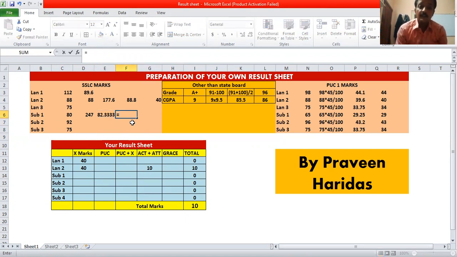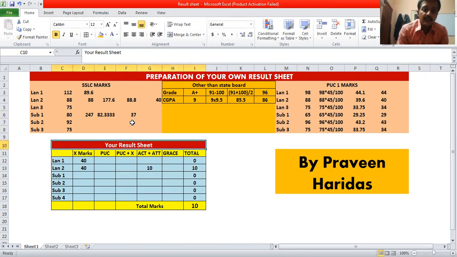Then this will be converted into 45 marks, which the board has fixed as the criteria. After doing that, whatever you get, now it is 37.05, it will be rounded off to 37, and this 37 will be your 4 subject marks. Hope you have understood this part.